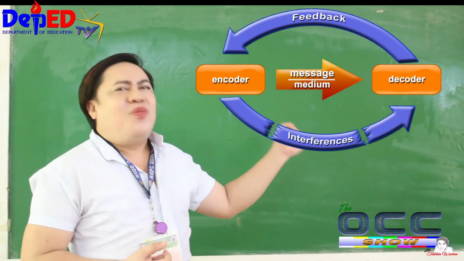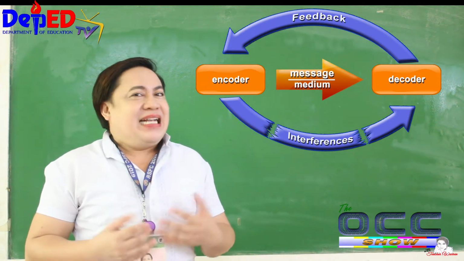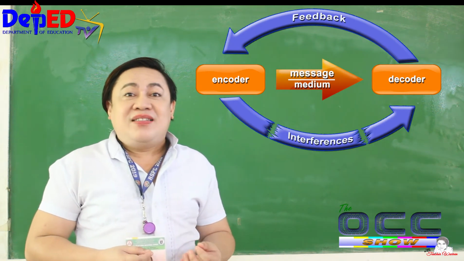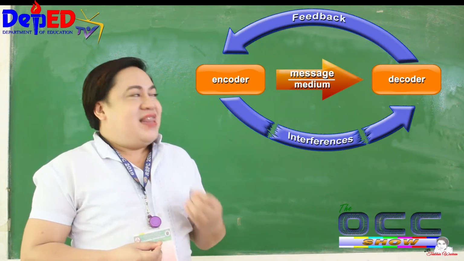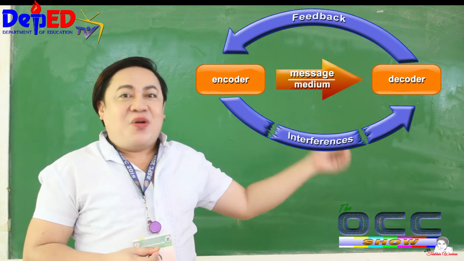Right, there are media. What are examples of media? We have words, printed materials, gadgets, writing tools, paper, or even facial expressions, gestures, and movements. And then when the message reaches the receiver or the audience, decoding happens.